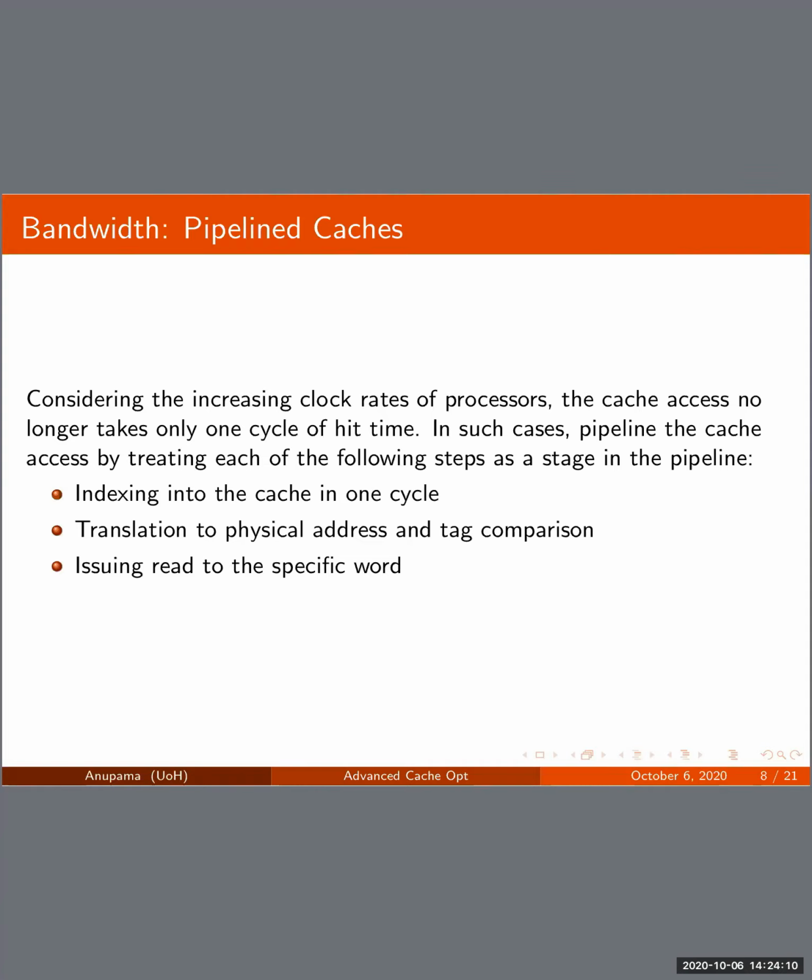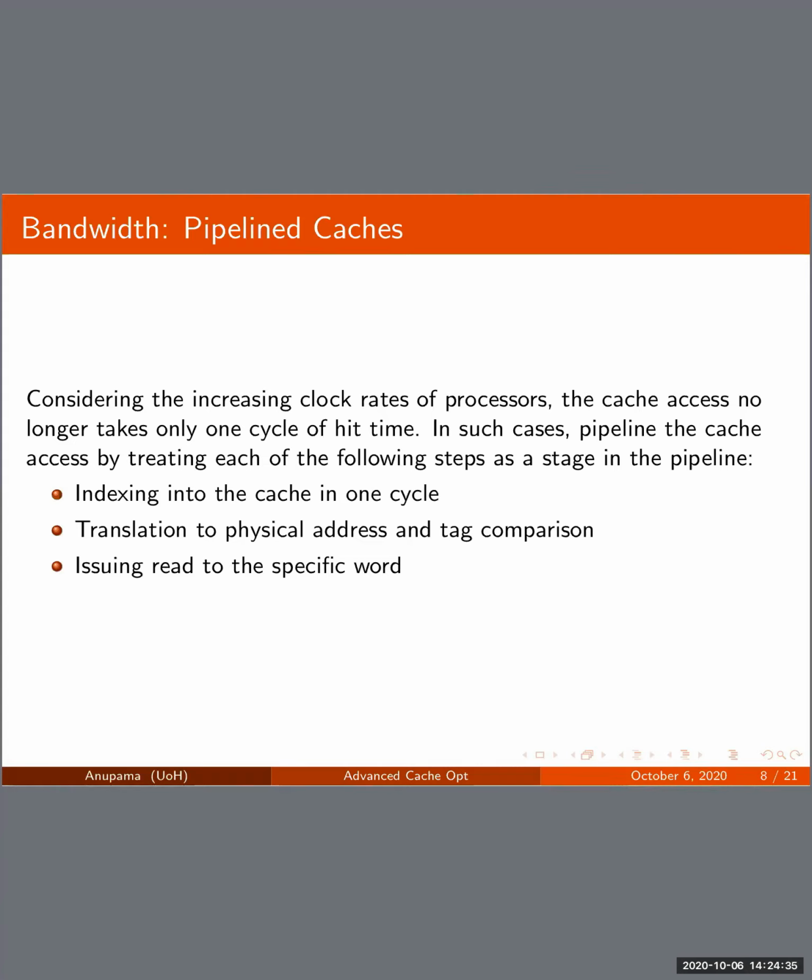In the first cycle, you can do address translation, okay? Then using the tag bits, in the second cycle, you can pass it for tag matching, okay? And index also into the cache at the same time.